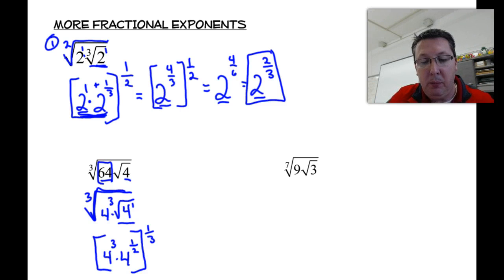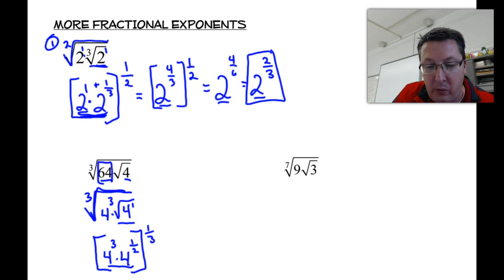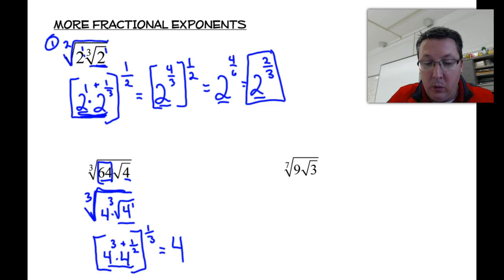All right, next step, we're going to take these 4s inside, and we're going to put them together by adding the exponents. 3 plus 1/2 gives me 4 to the power of 3.5, or 7 halves.